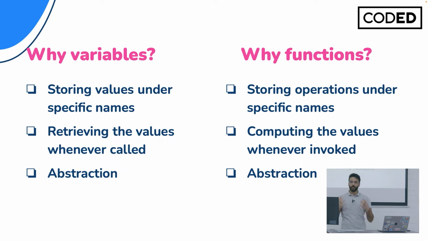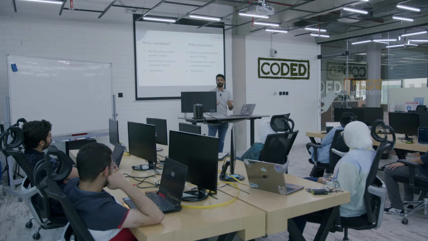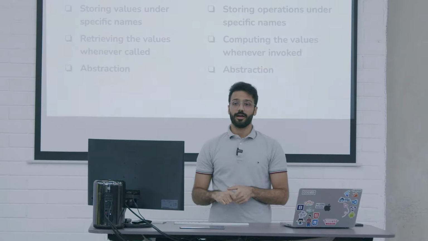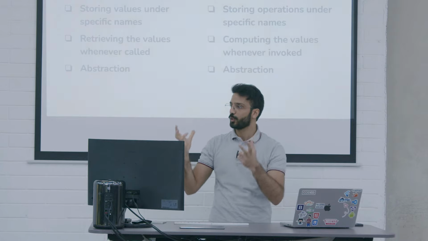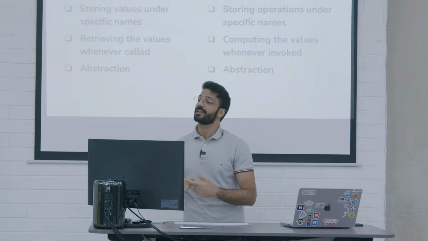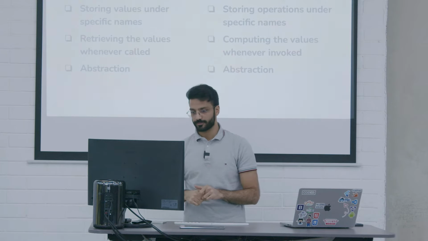But sometimes we don't want just to store a value. We want to store a set of procedures, which is again the computer's ability to remember things. It can remember values and it can remember sets of instructions. That's the second thing the computer stores. The first thing it stores is values, and that's variables. The second thing is sets of procedures.